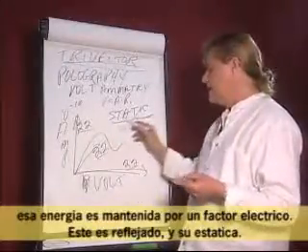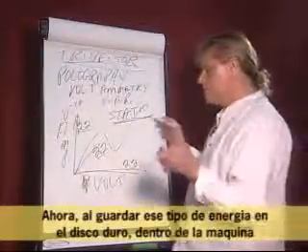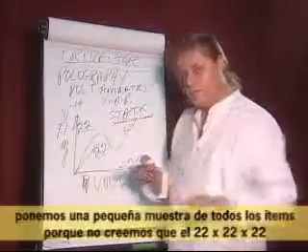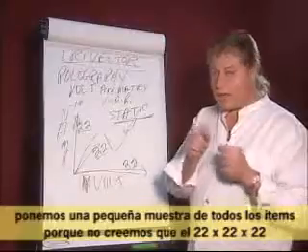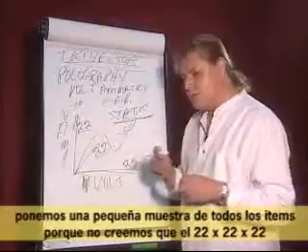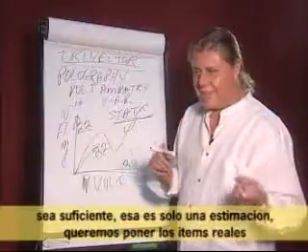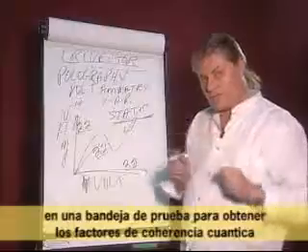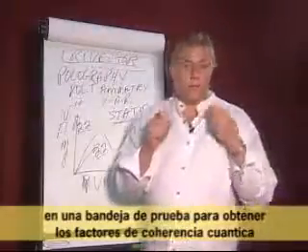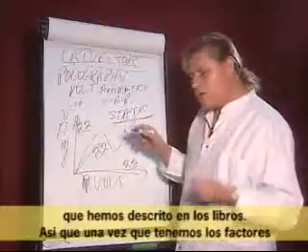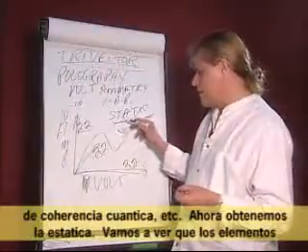It's reflected and it is static. Now, by storing that type of energy in the hard drive, inside the machine we put a little test kit of the actual samples of all these items, because we don't believe that the 22 by 22 by 22 is quite enough. That's really just a small estimate. So we want to put the actual items into a test kit so we get the quantum coherency factors we've written in the books. So once we got the quantum coherency factors, now we got the static.